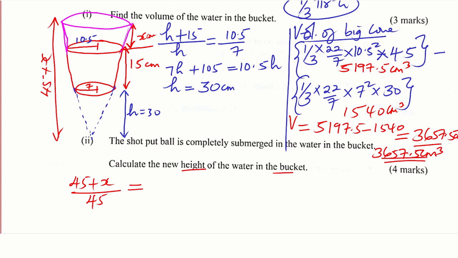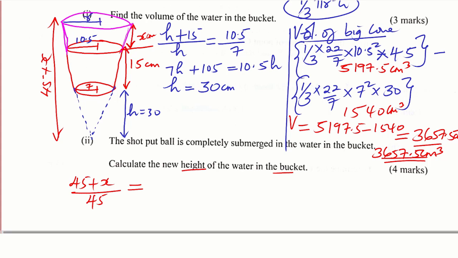Now this is the new cone, we don't have this radius, so we let this radius be represented by r. So the radius of the big cone will be represented by r divided by the radius of the other cone, which has a radius of 10.5.